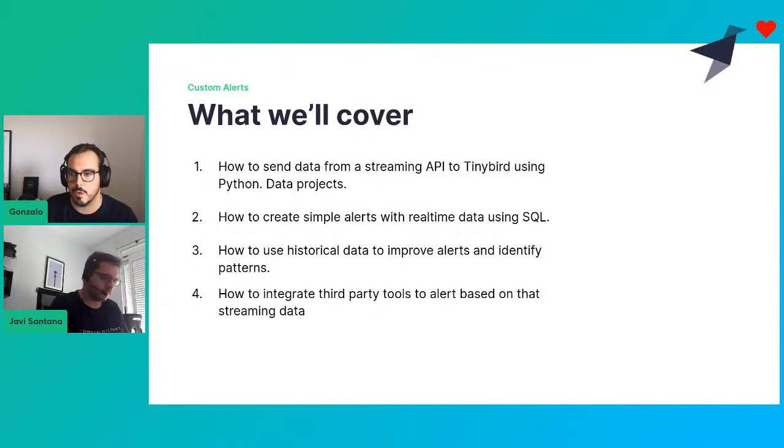We will be showing the UI, but mainly the CLI, to show you how to treat data projects as code projects. Then, once we are able to start ingesting and have the data sources in tinybird, we will create a very basic alert based on a threshold of the number of edits of the Wikipedia stream.